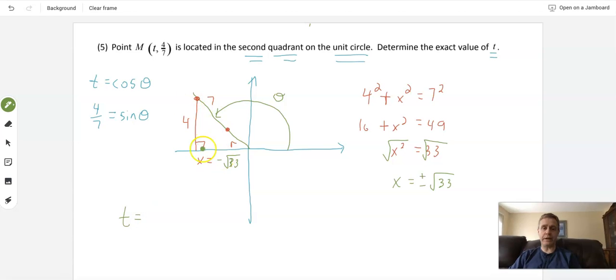And in this right triangle, the cosine of angle theta, well, we go from the reference angle, and the adjacent side is negative square root of 33. And then the cosine of theta is the adjacent side over the hypotenuse, and the hypotenuse is equal to 7. And so there's our answer for what the value of t is.